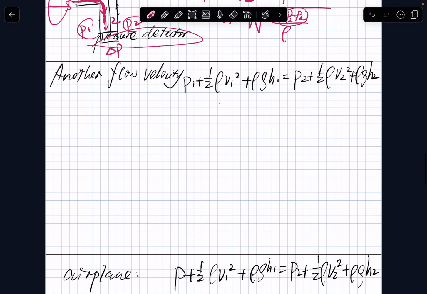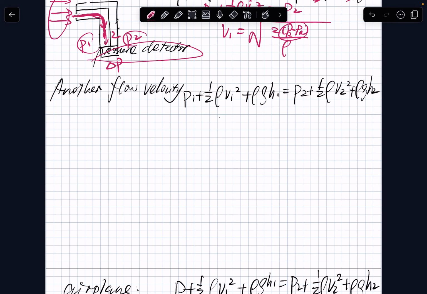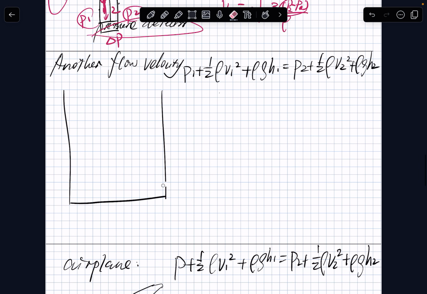So this is the one setting, but there's a different setting in which they can also test you on the flow velocity. Okay, so let's draw it out. Let's say I have a beaker. Let me open it up a little bit here, so that this is a leaky part. I have fluids in there, so that some fluid can leak out through this entrance.